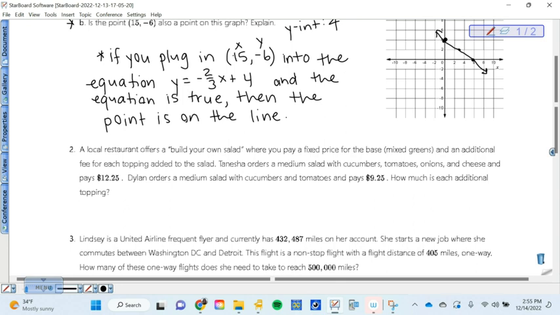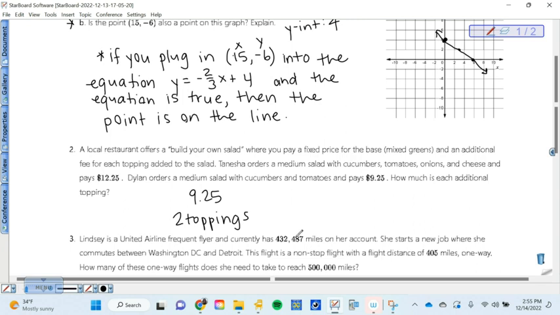Dylan, did you enjoy your salad? How many toppings did Dylan get on his salad? So 2 toppings cost how much? $9.25. And Tanisha had how many toppings?